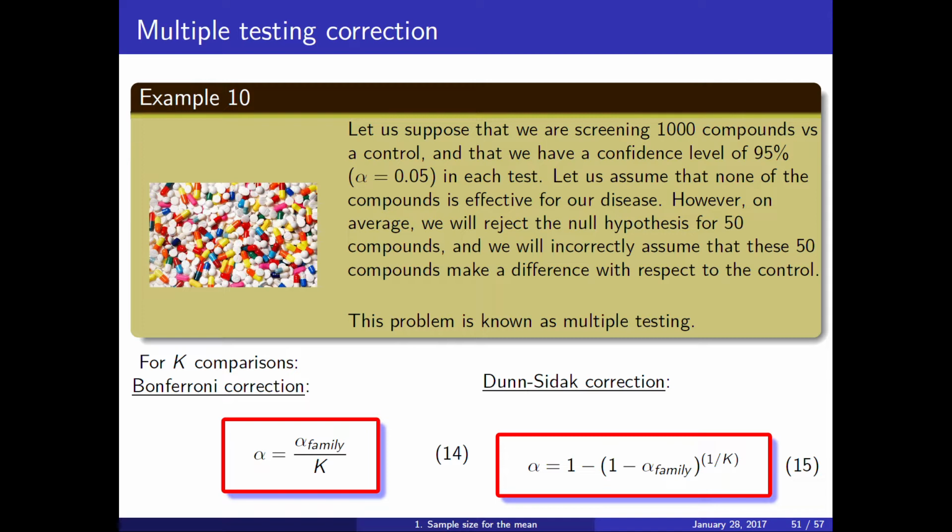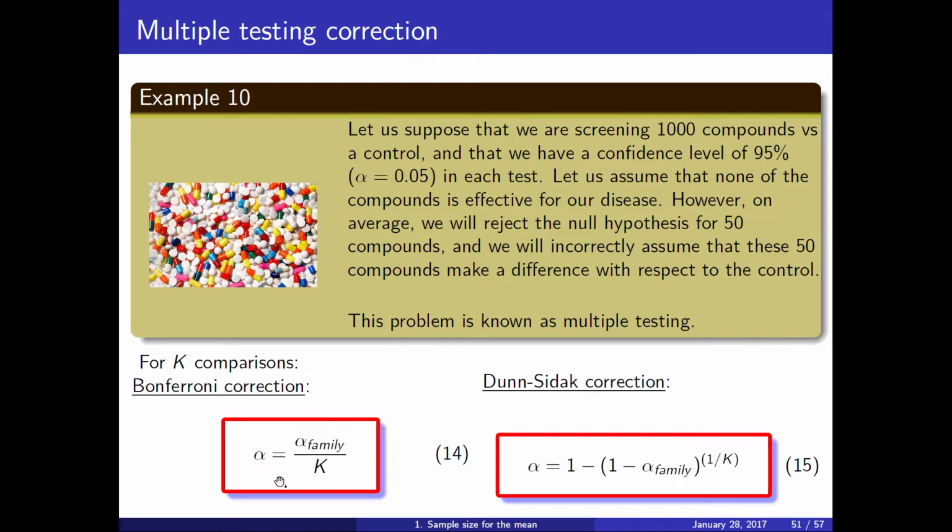So on average, let's say that none of these 1000 compounds is useful because you have 5% of false positive rate. On average, you will reject the null hypothesis for 50 of these compounds, even if they are not different from the control. So one possible solution for that is to change the alpha. You want the family-wise alpha to be 5%.